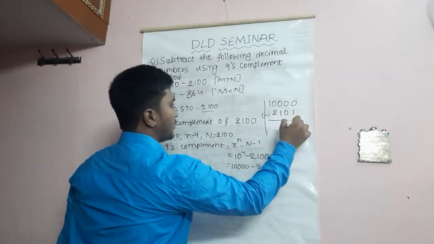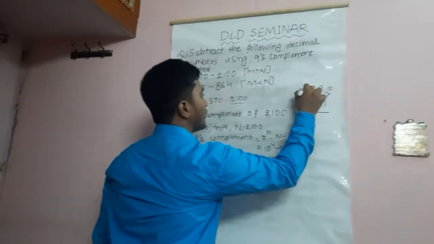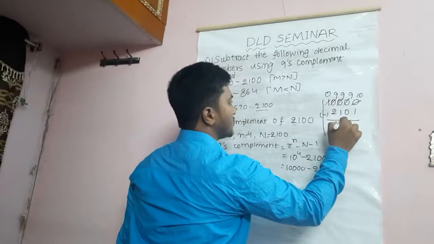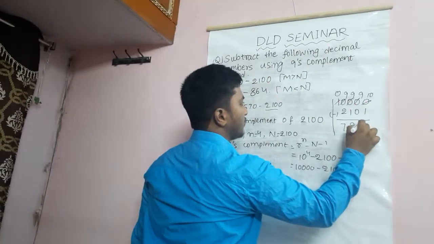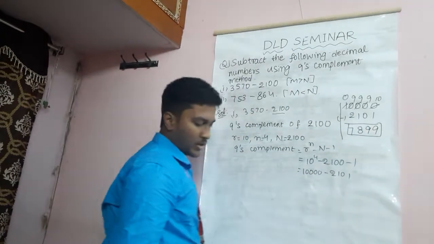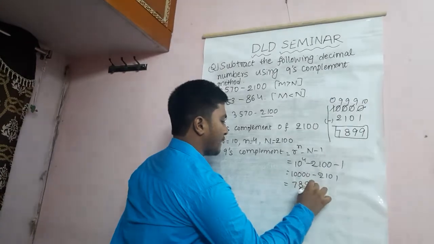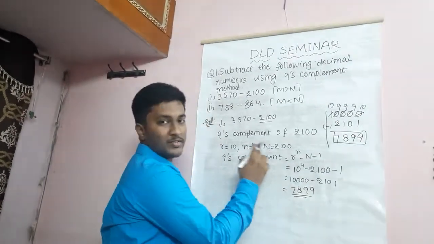So subtracting, 7, 8, 9, 9. So we got 7899. This is the r minus 1's complement of the subtrahend.